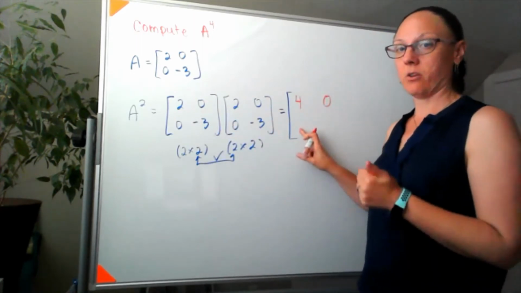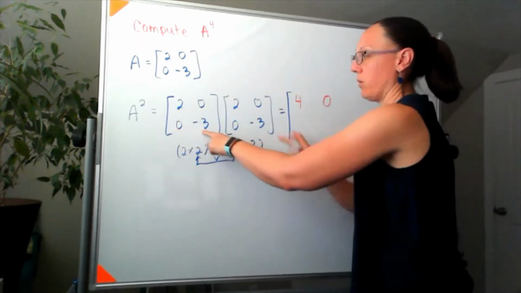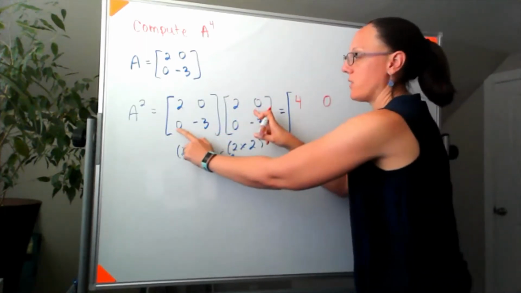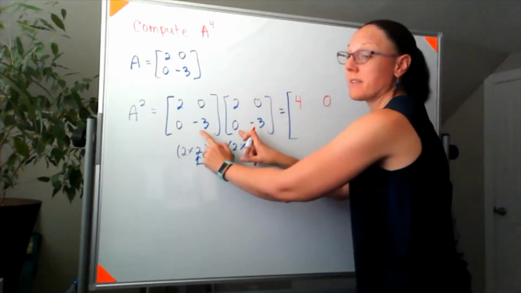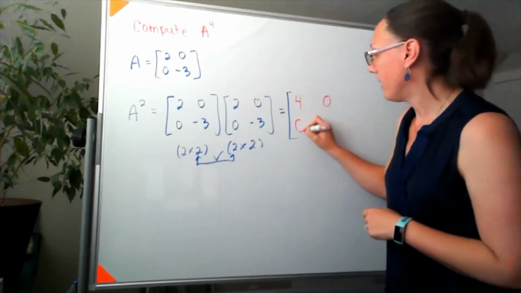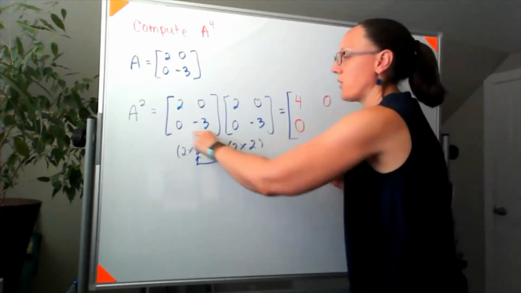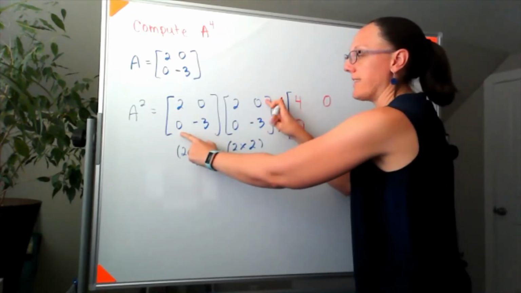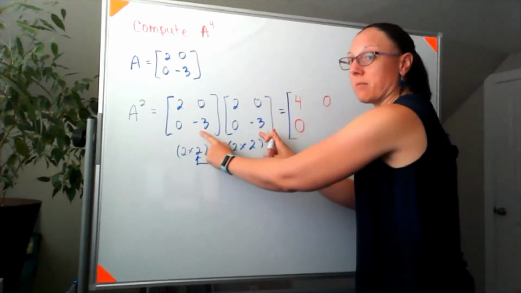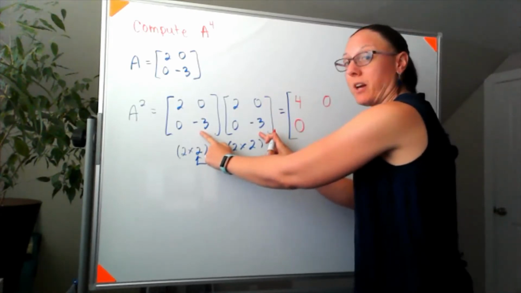For this entry in row 2, column 1, I'll have row 2 times column 1. So that's 0 times 2 plus 0 times negative 3. We keep that 0. And lastly, I've got row 2, column 2. So row 2 times column 2, 0, and then negative 3 times negative 3 is going to give me a positive 9.